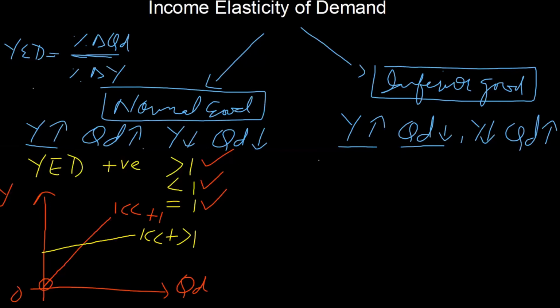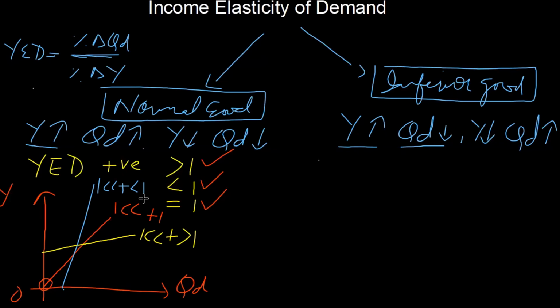And if income elasticity of demand is less than 1, then the ICC curve would be like this, steeper, and this shows that income elasticity of demand would be lesser than 1. So these are multiple relationships and their graphs whenever we are discussing the normal good case.